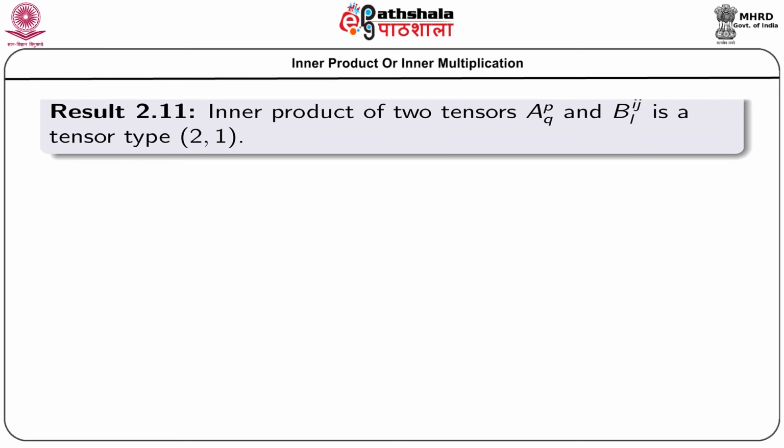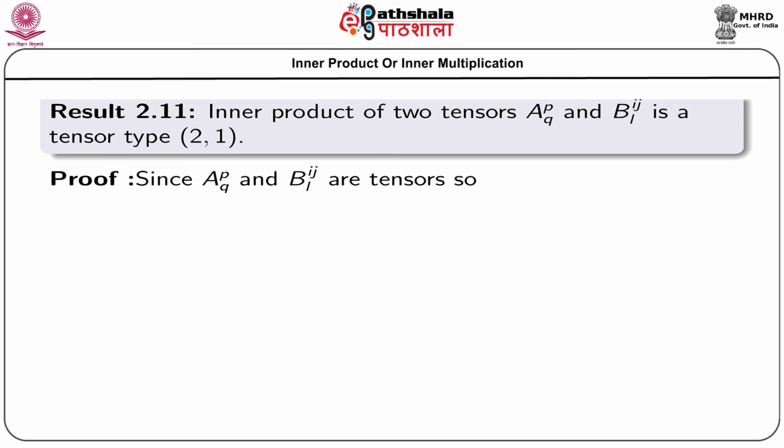We can prove that the inner product of two tensors of type A^{PQ} and B_{IJ}^{L} is a tensor of type 2-1. After the inner product of the components of these two tensors, A^{PQ} and B_{IJ}^{L} give a tensor of type 2-1. Let us see how.